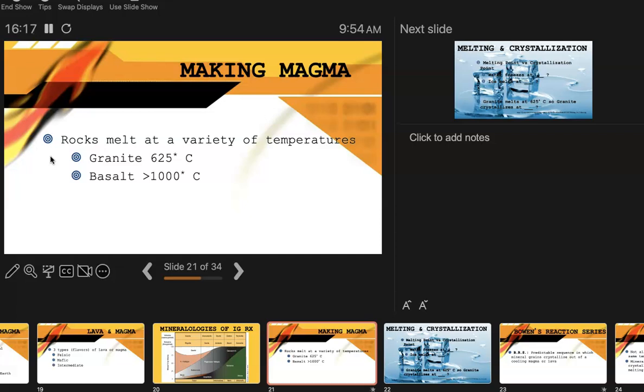But you can melt rocks. Granite, I apologize, this isn't in Fahrenheit so we all could understand it, melts at 625 degrees Celsius. Basalt, much more durable apparently, melts at greater than 1,000 degrees Celsius.